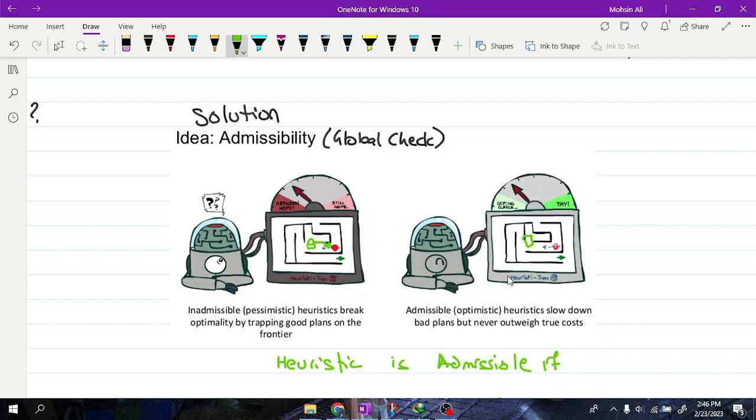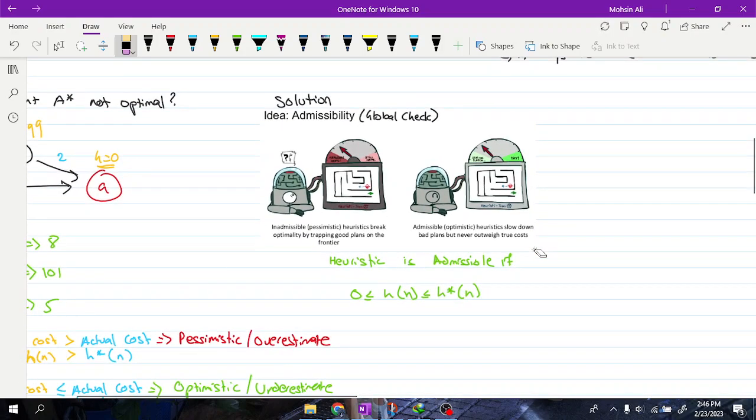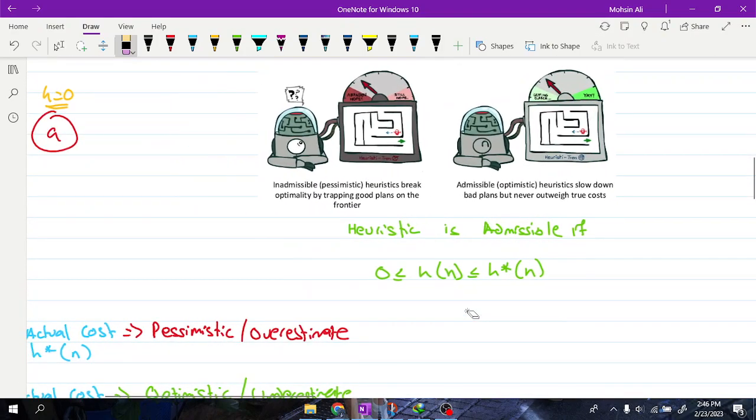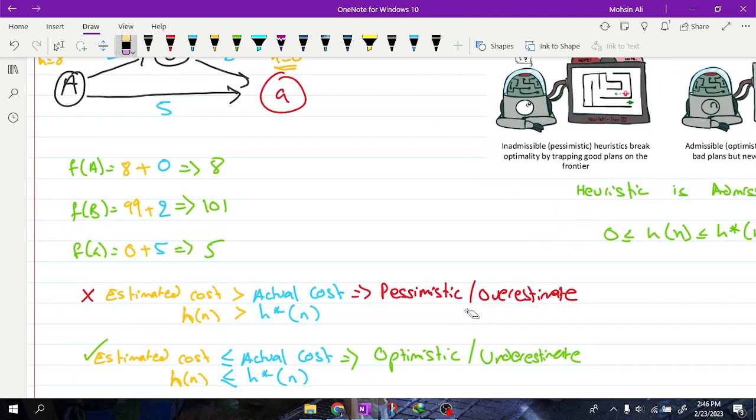So you would always want to be optimistic and not pessimistic in terms of heuristic. And one point that I would like to point out is whenever we're talking in terms of admissibility, we do not represent our actual cost as g of n anymore. We are representing it in the form of h star n.